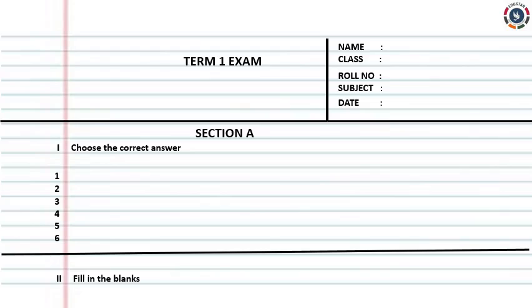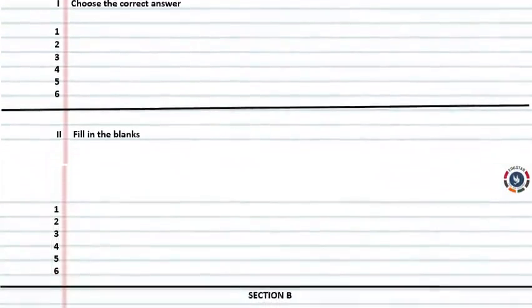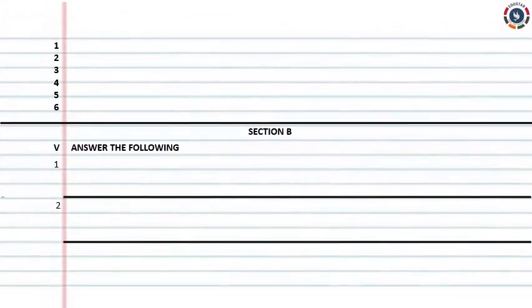Next, see here, Roman letter 2, fill in the blanks as I have shown to you. You have to write. Is it clear, students? Then write the answer. After completing one Roman letter, draw a line.